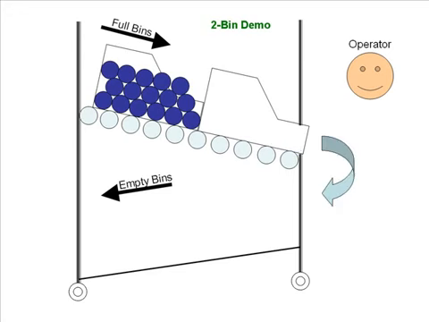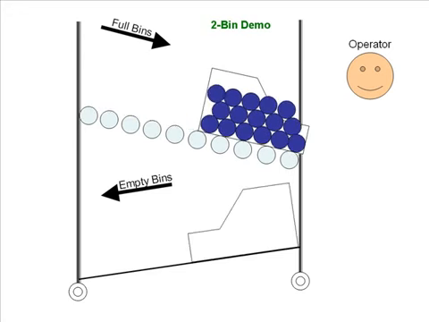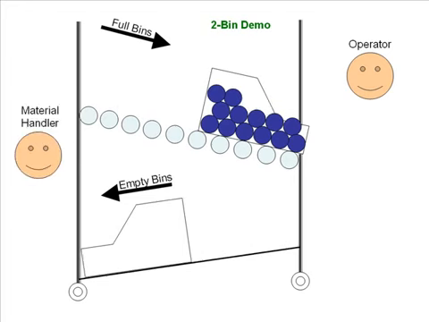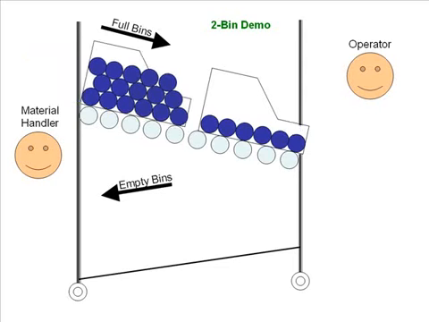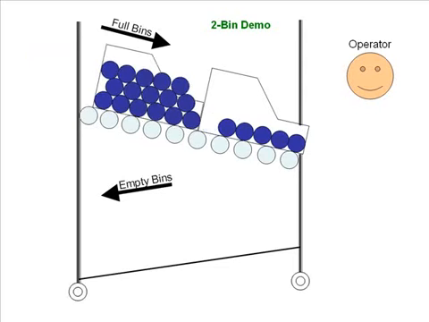Now, the material handler is probably resupplying several flow racks. Perhaps they'll even bring in different flow racks full of parts as needed. Okay, we'll just let this thing continue to run for a couple of minutes here so you get a sense of it. But it's pretty basic, really. The operator is constantly consuming, and the material handler, at the right interval, is taking away the empty bins and bringing back full bins.